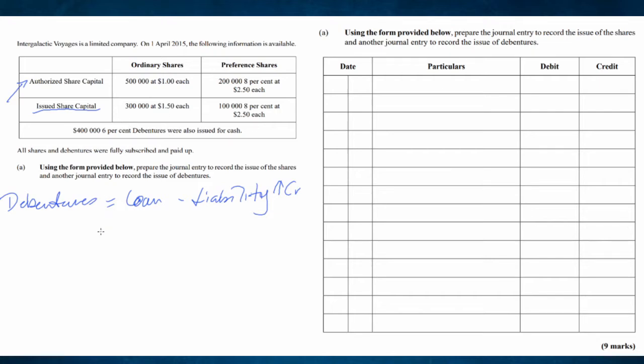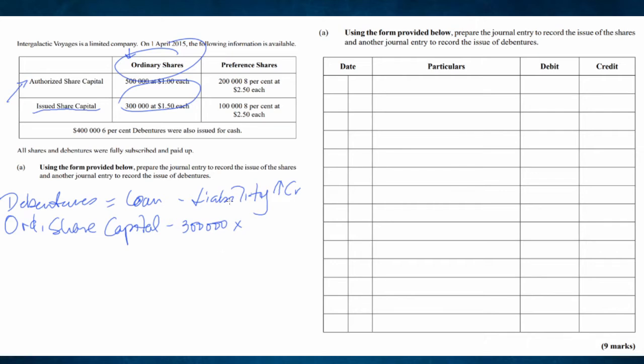So first of all, we need to calculate what our ordinary share capital will be, because that is one of the accounts that will be affected. We are dealing with ordinary shares first, and these are the figures that are relevant to us. So for ordinary share capital, our dollar figure is always at par value. So it is 300,000 shares multiplied by our par value.